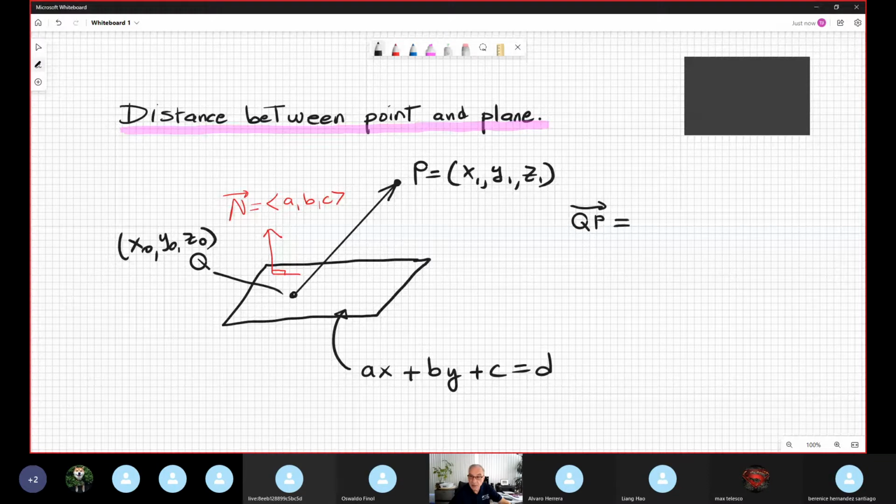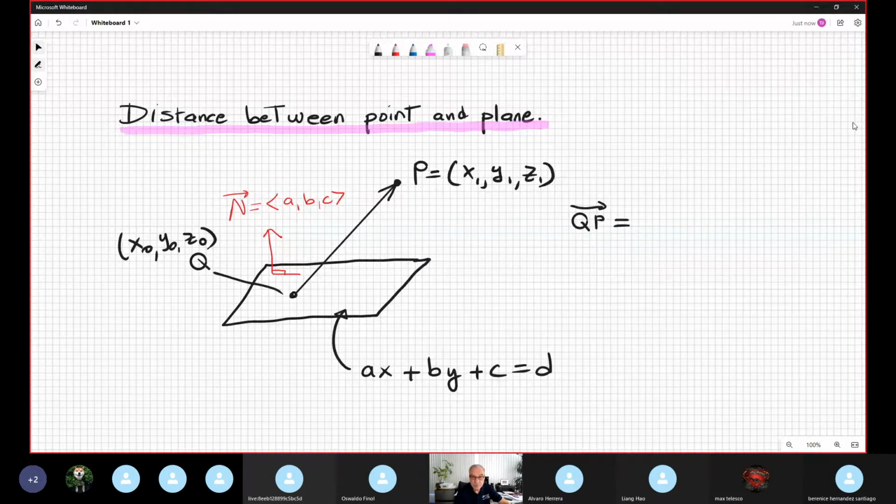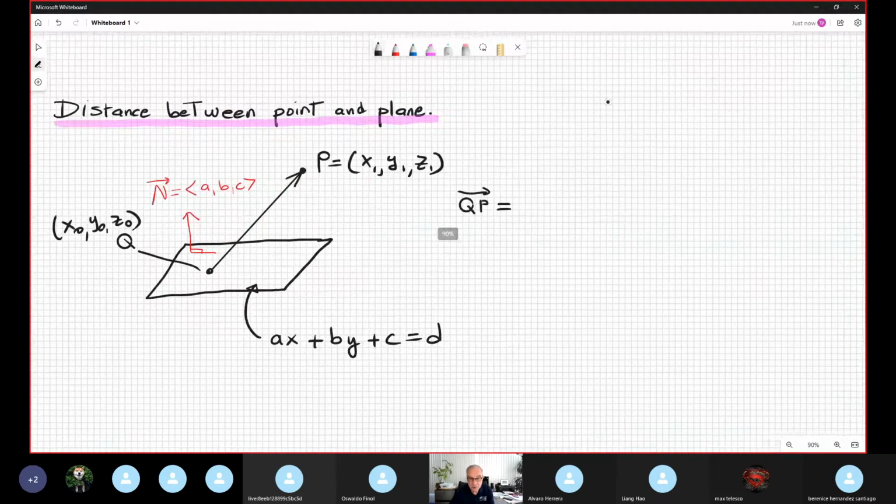I like using angular notation. Basically it is subtraction, component by component: X1 minus X0, comma, Y1 minus Y0, comma, Z1 minus Z0. Let's see after the numerical example.